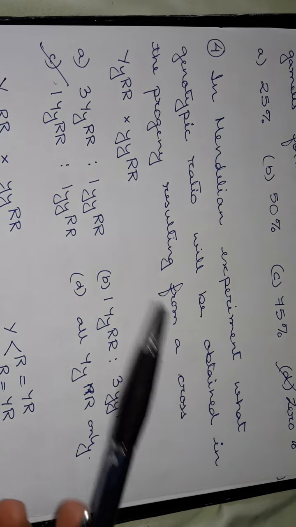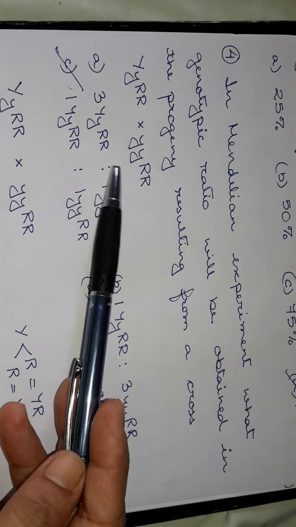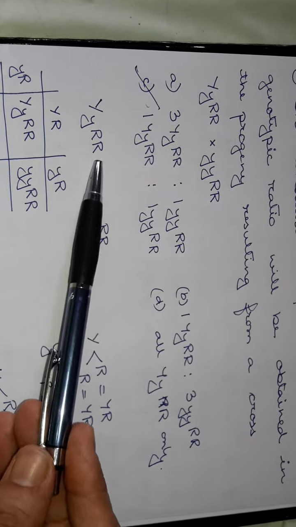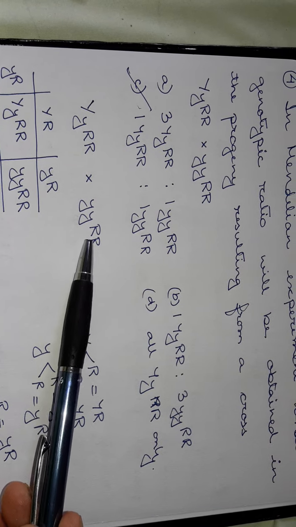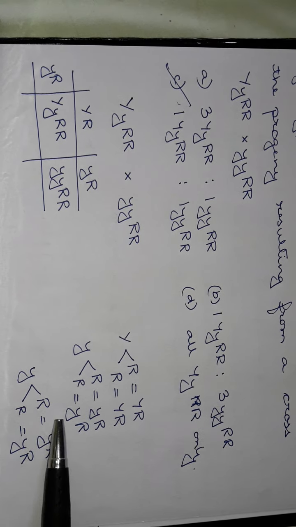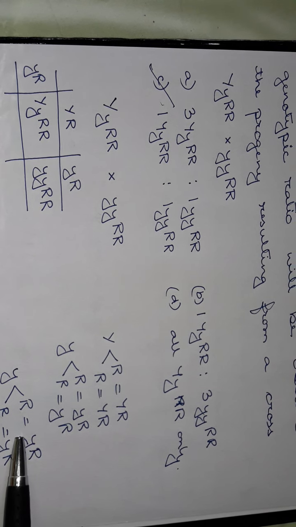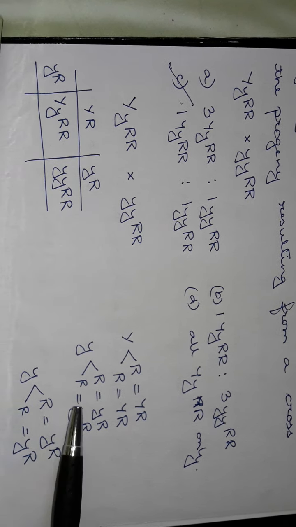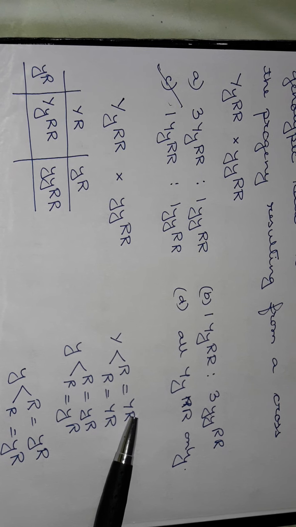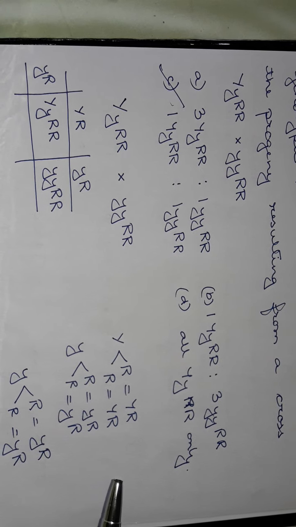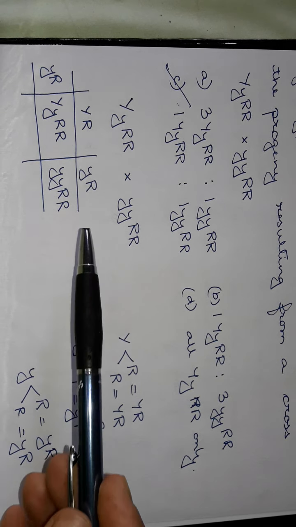Then in the next question, in a Mendelian experiment, what genotypic ratio will be obtained in the progeny resulting from a cross? Now this is the cross. Let's first write the cross: capital Y, capital Y, capital R, small r, crossed with small y, small y, small r, small r... Now you know how to find out the gametes, isn't it? So sequentially you first find out the gametes. After finding the gametes, you see here 2 capital Y are obtained, so we will write just 1 capital Y, capital R. Small y, small r, this one.